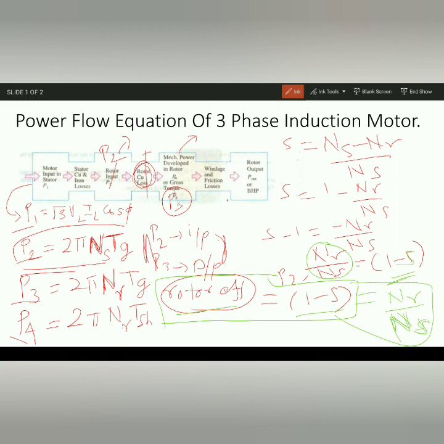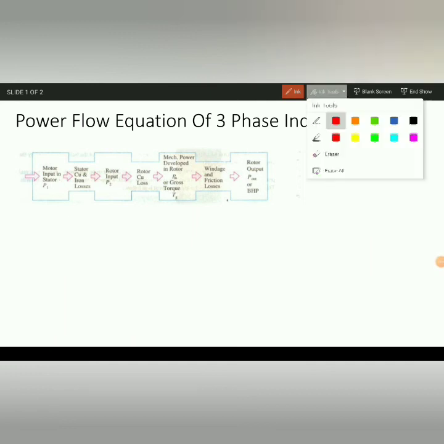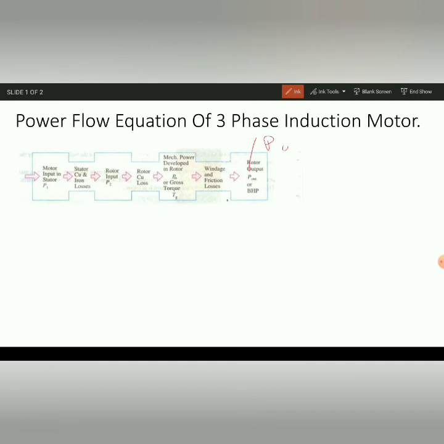We derived the equations. Now you can find the mechanical losses. If P4 is given, then using P3 from the formula we calculated, we can find the mechanical losses. If the mechanical losses are already given, the next thing we can find is the overall efficiency of a motor, which will be output by input.